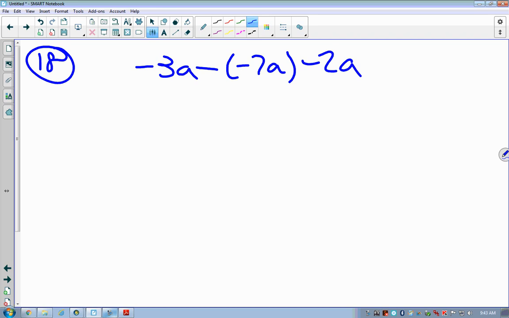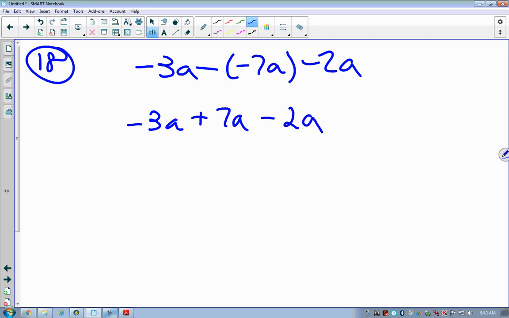What might you do to simplify it before you combine? You could change the minus and negative to a positive. Yes, I can change my double negatives into a positive, so I can take negative 3a plus 7a minus 2a.